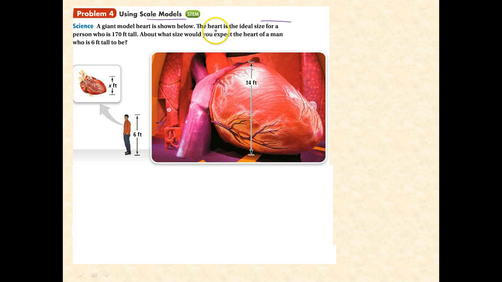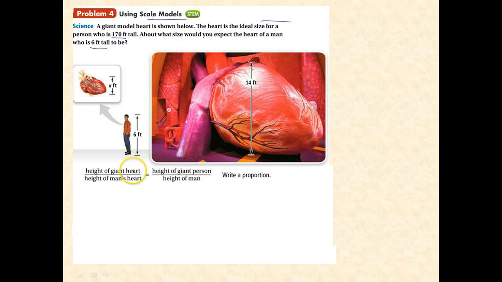Okay, the heart is the ideal size for a person who is 170 feet tall. About what size would you expect the heart of a man who is 6 feet tall to be? Let's set up ratios. The height of the giant heart to the height of a man's heart is going to be the same ratio as the height of a giant person to the height of a guy.